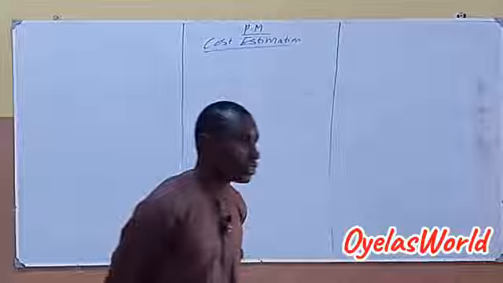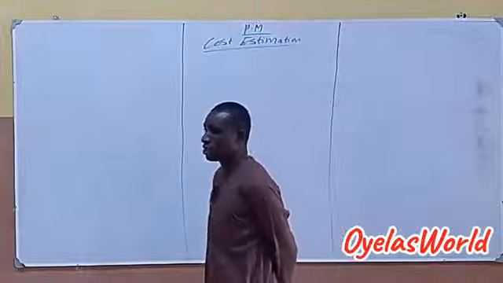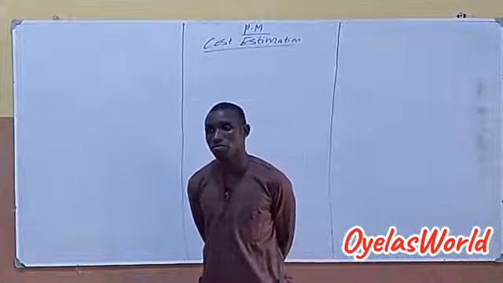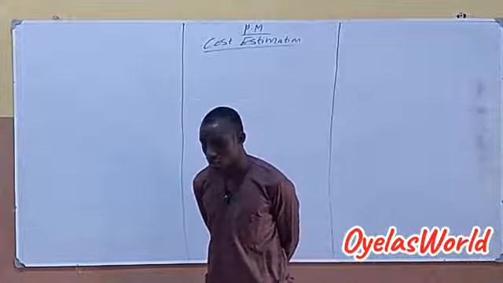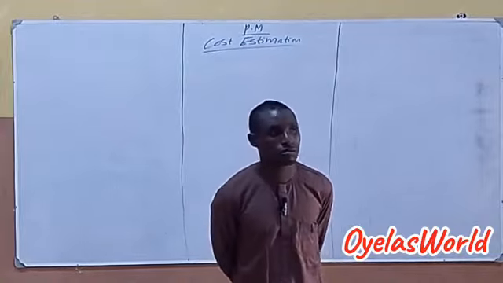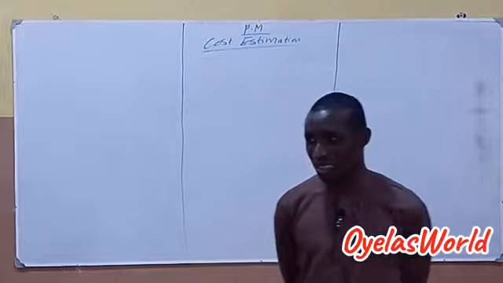We have started this topic last class. And in our last class, we talked about the cost. We talked about the cost center. We talked about the cost object. We talked about the cost unit.